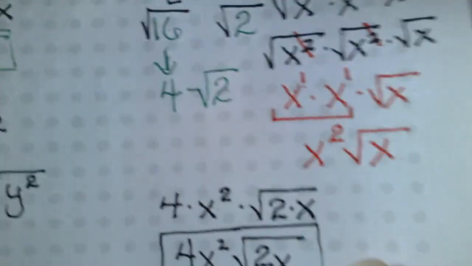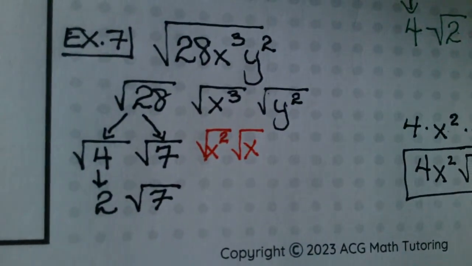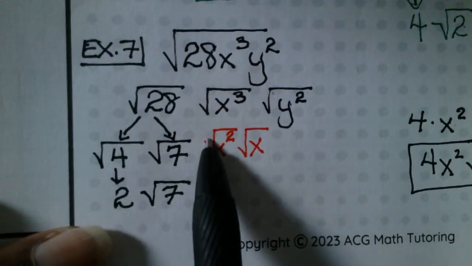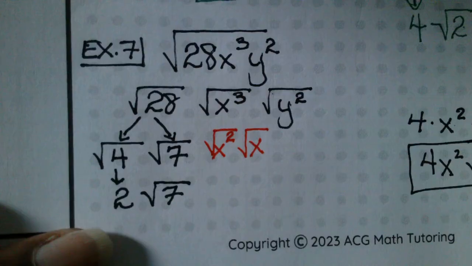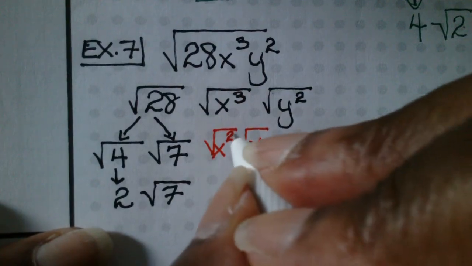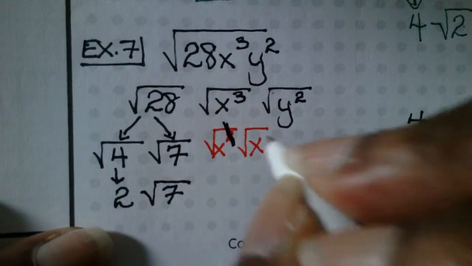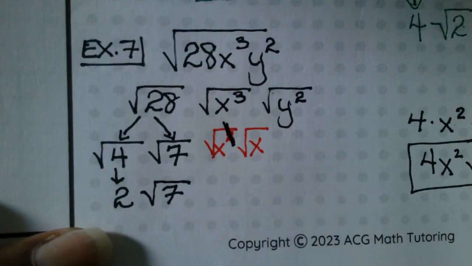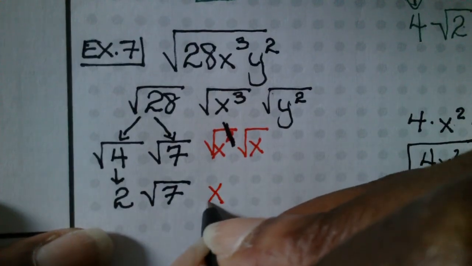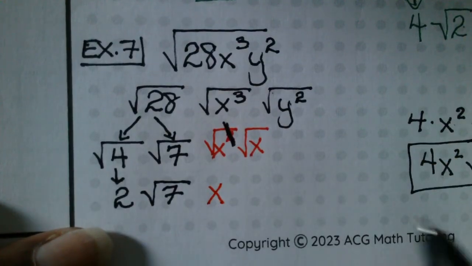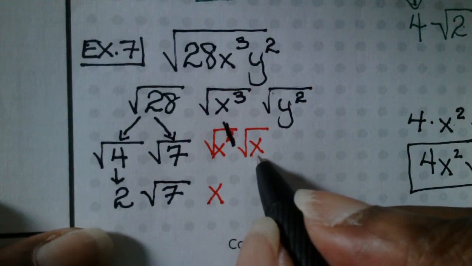Okay. So now when we come here, we have a square root and a square. So square roots and squares, they're inverses of each other. They cancel out. So what's left is my perfect x. And then I have the square root of x left.